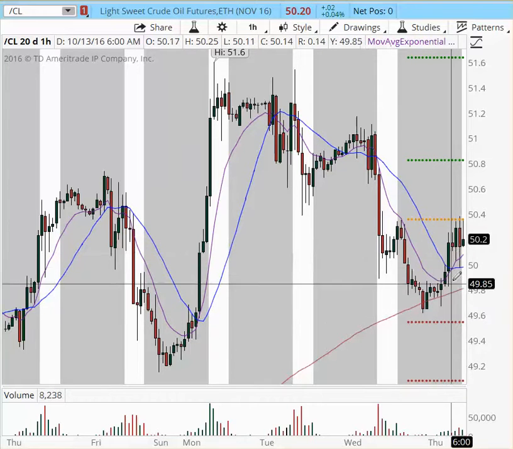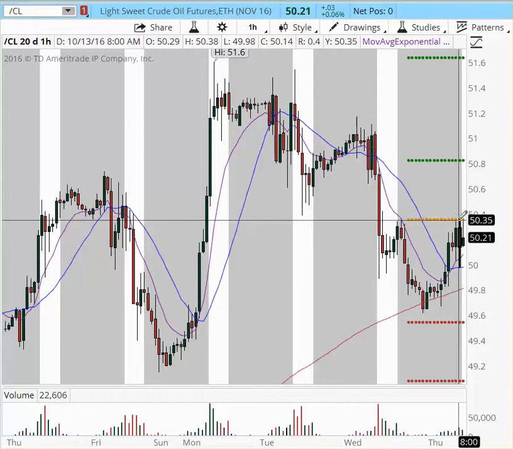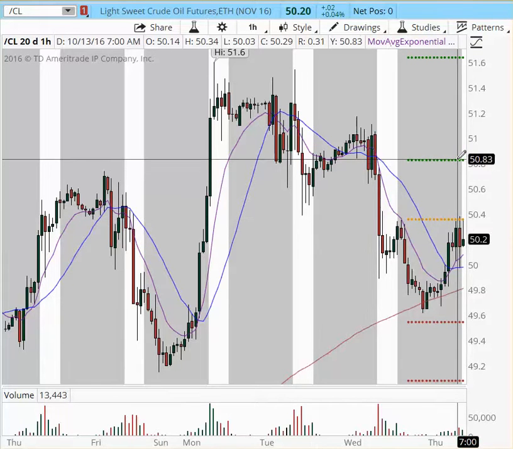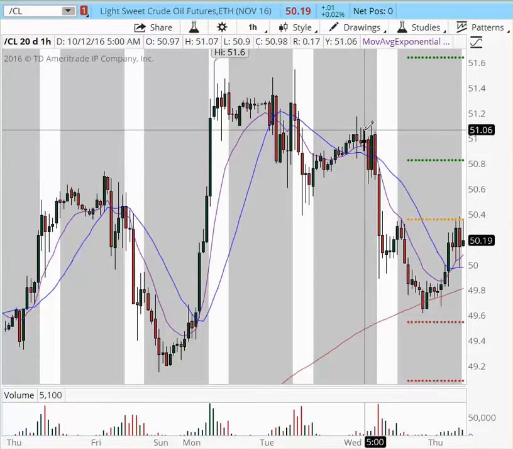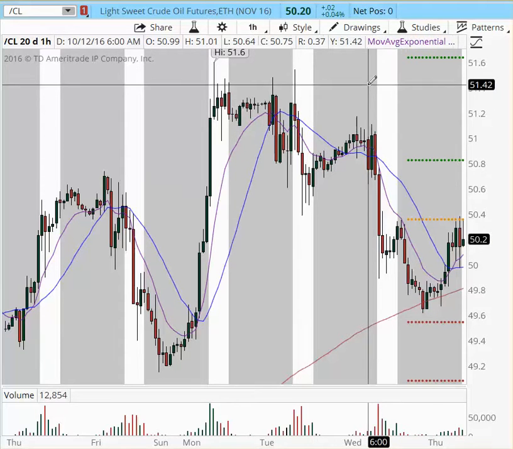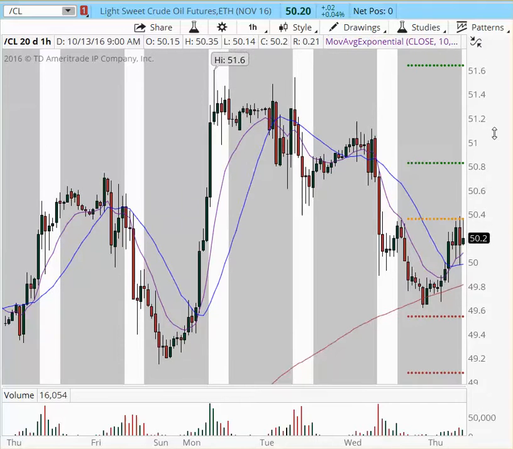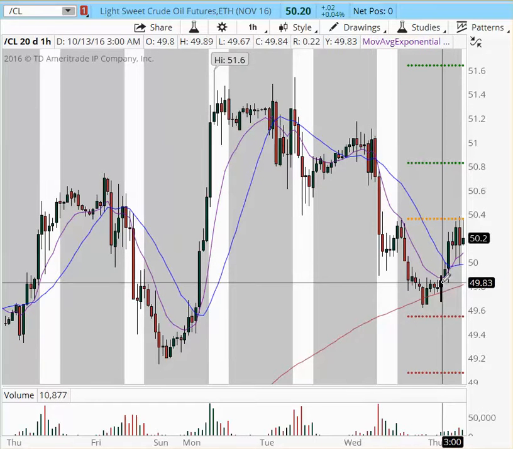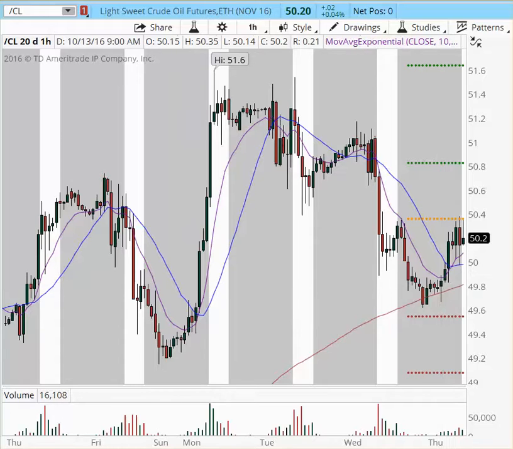We are creating this ascending move, and this is going to be our line in the sand for today, because if oil is going to break above $50.36, then we have a potential continuation higher all the way into the $51 area and 51.50, 51.60 area, this prior high that we have right here. So I remain bullish until proven otherwise.